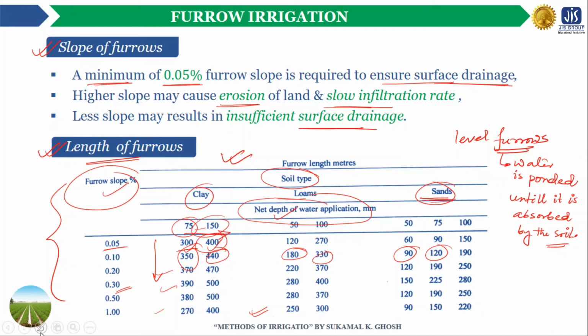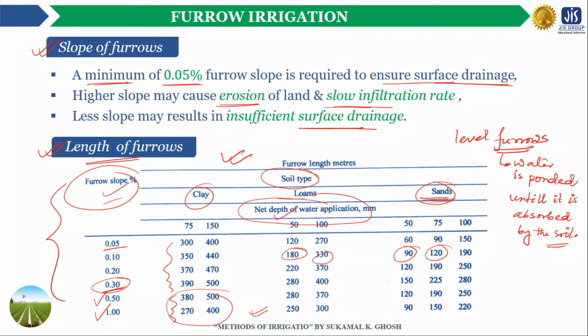Let me clear it so that you can understand it better. Up to 0.30% slope, the length of the furrows increases with the increase of furrow slope, but for slopes steeper than 0.30%, that is, for the slopes of 0.50 and 1, a shorter length of furrow is used.